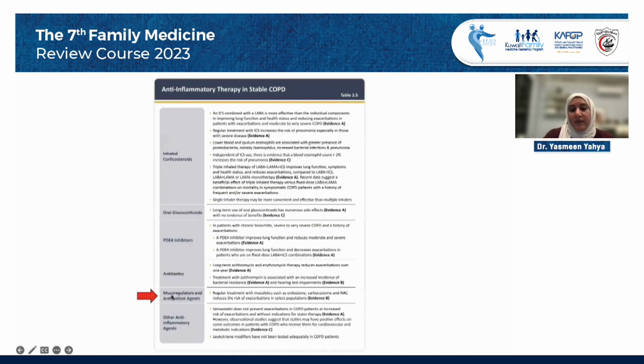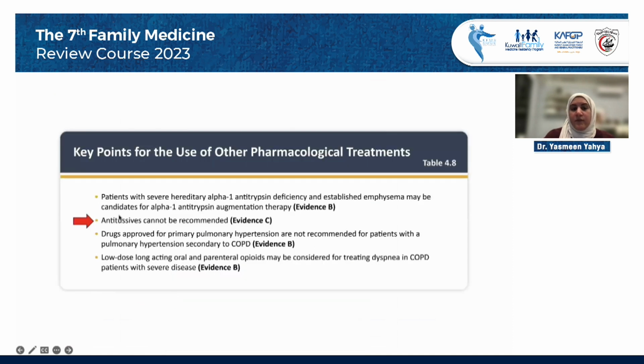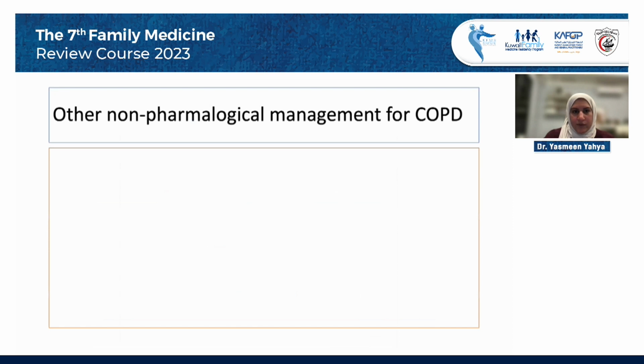Here it tells you that you can use mucolytic agents, but not antitussive agents. So maybe a mucolytic can be used, although the names mentioned here are different, but antitussives like Cafosid or Amidramine are not advised to be used.